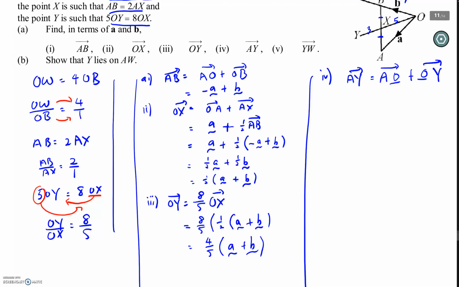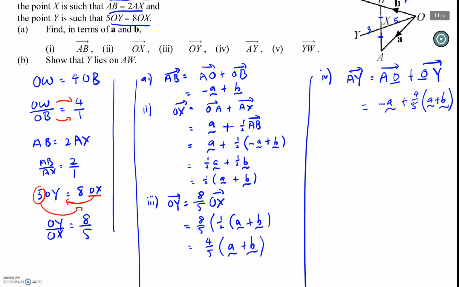What is AO? Negative A. What is OY? You already have. A bit complicated, but luckily, if you do it step by step, it is easy. There's a lot of A and B, but step by step it's actually easy.